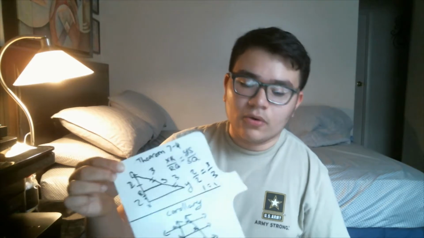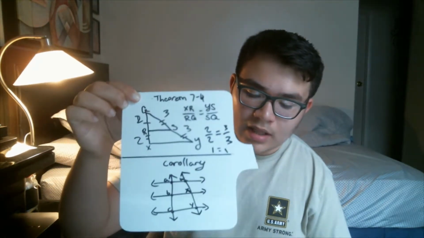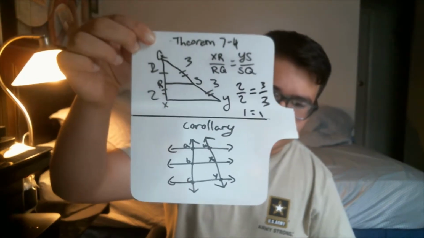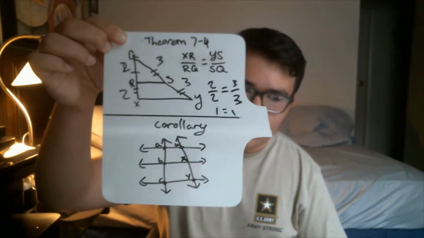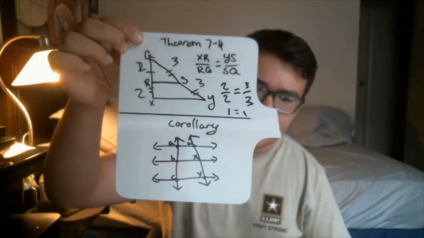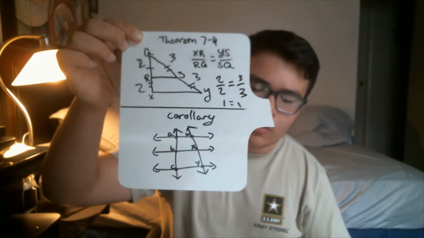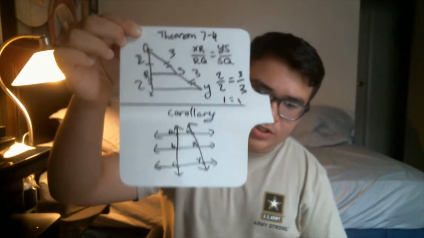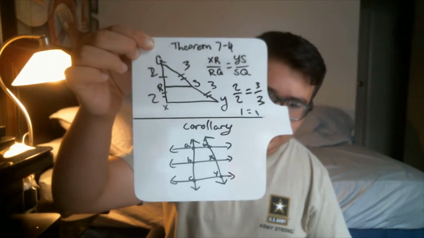Now, the corollary to this theorem, and the corollary being a proposition that follows one which is already proven, looks something like this. It's 3 parallel lines with 2 transversals, and this is almost the exact same layout as a triangle, just without some vertices.